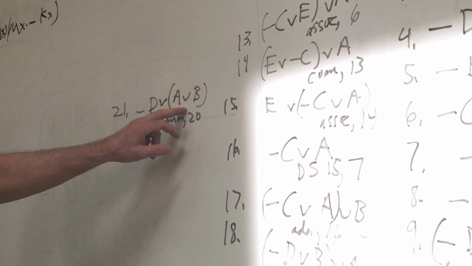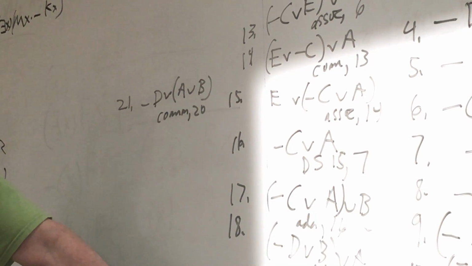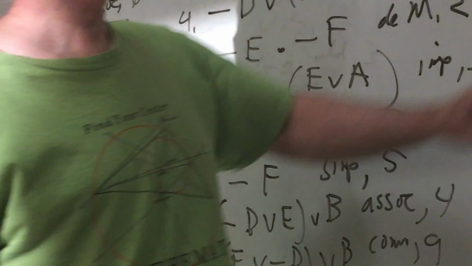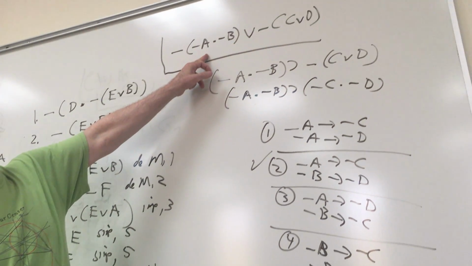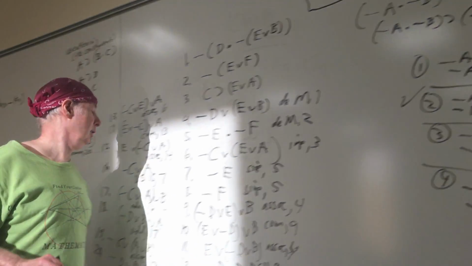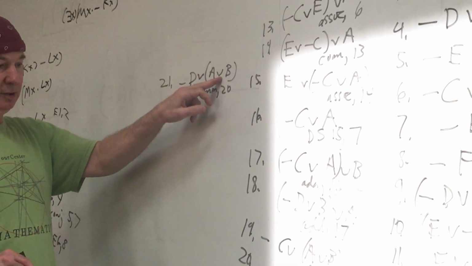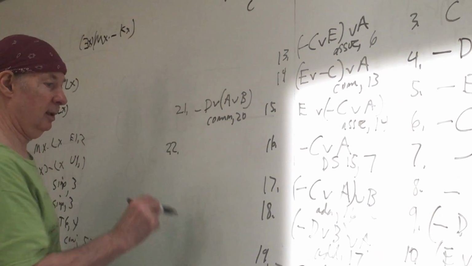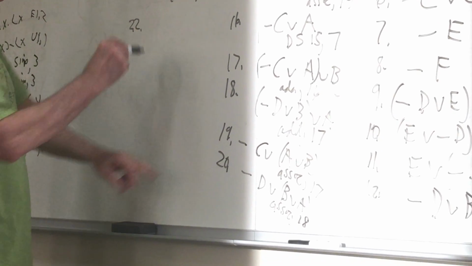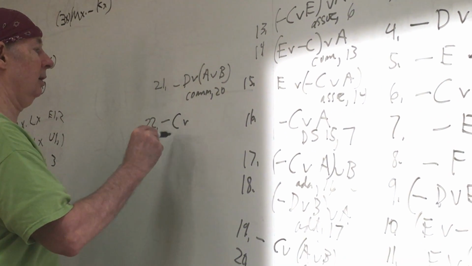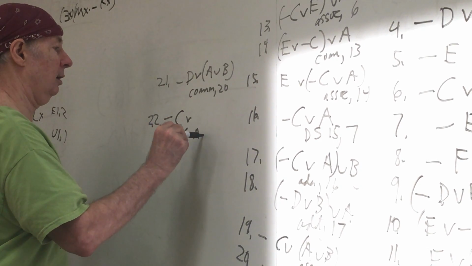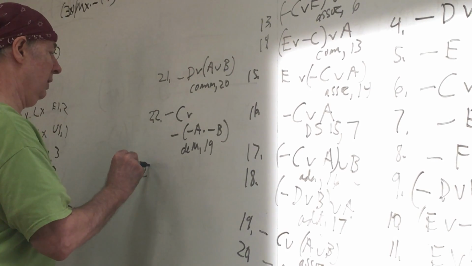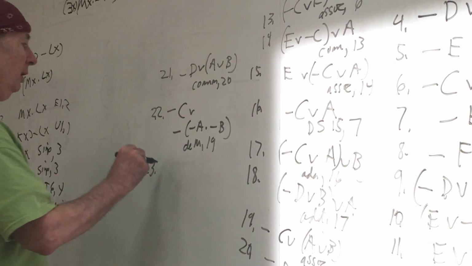Now, let us also take this and make it look like this. If we De Morgan this and De Morgan this, we're going to get, let's De Morgan 19 first. And then we De Morgan 21.